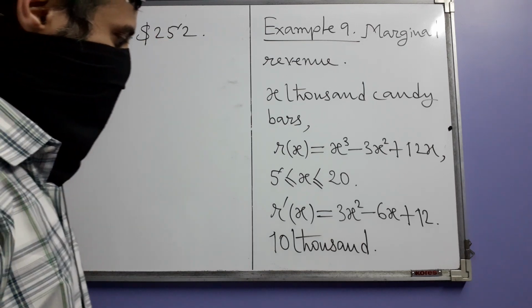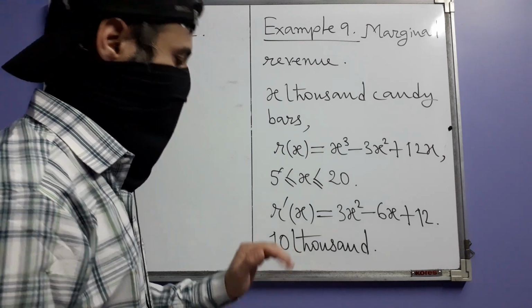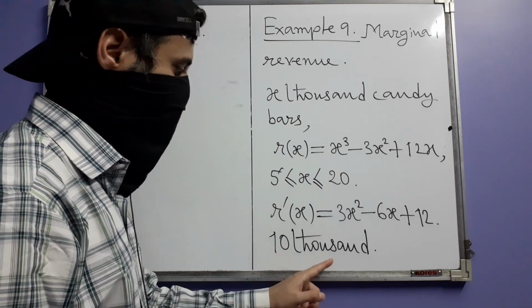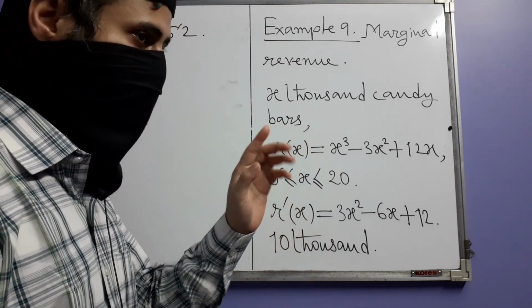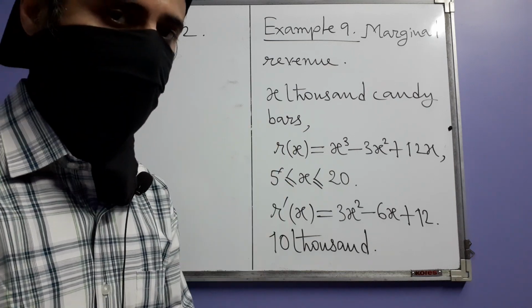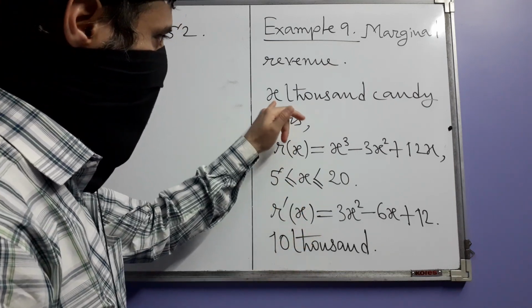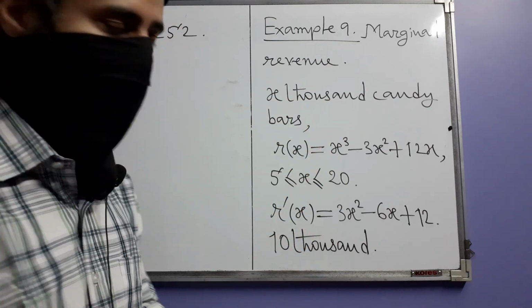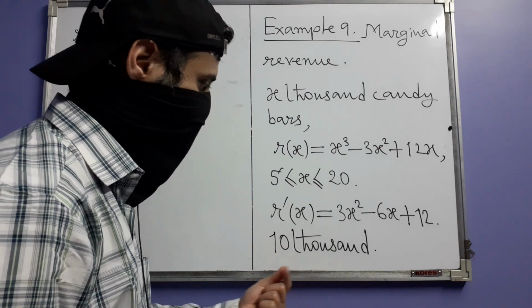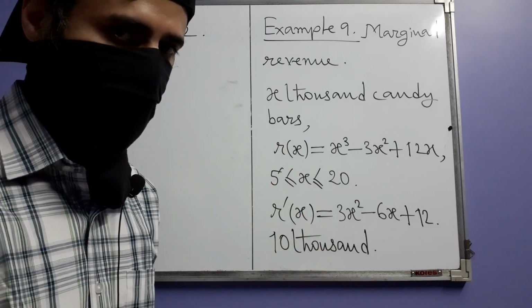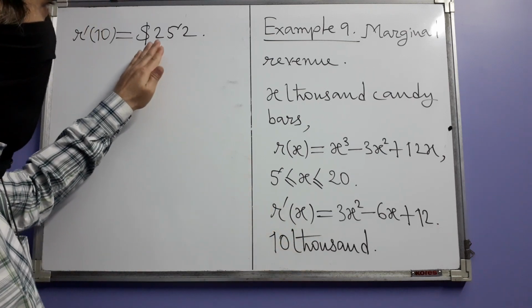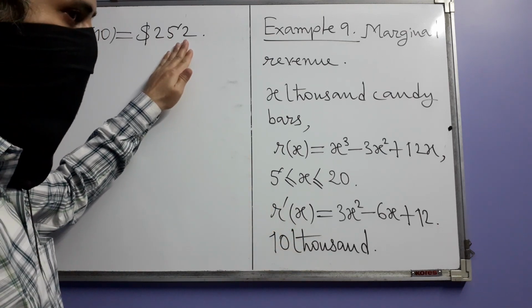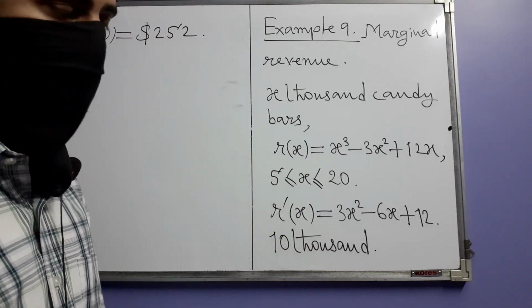$252. This means that if you increase your sale from 10,000 candy bars by one more unit, not 10,001 candy bars, here the unit itself is 1000 candy bars. That means from 10,000 if you go to 11,000 and you sell all those, then the revenue will increase by this much. Okay.